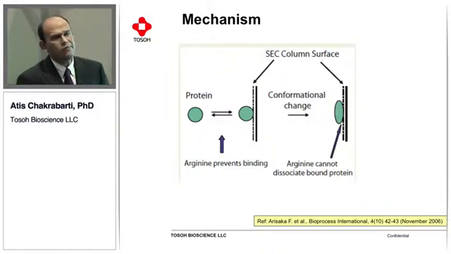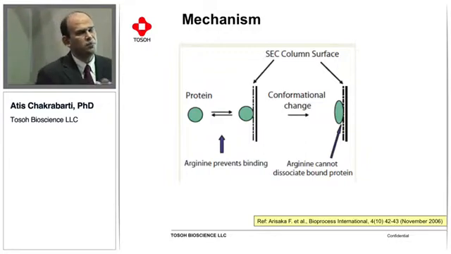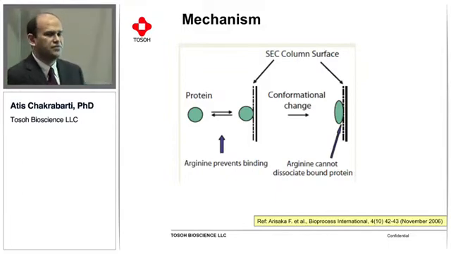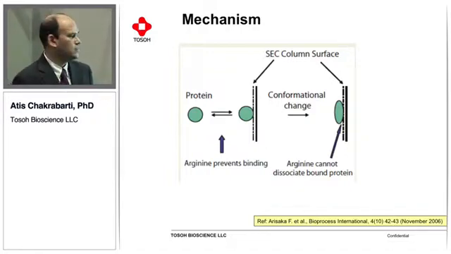So you have to equilibrate the column with arginine in the buffer for 10 column volumes, and then load your protein of interest, and you will not find any secondary interaction. It will come very nicely out of your column.